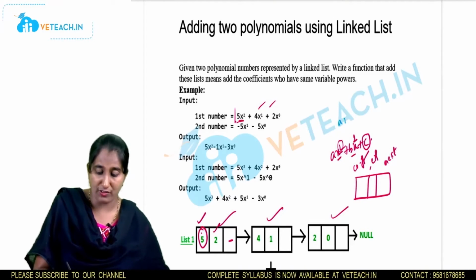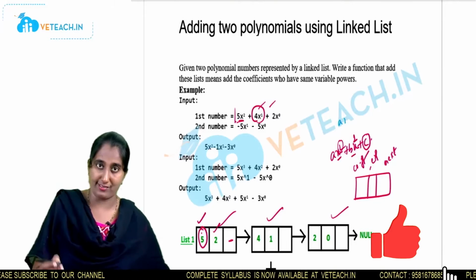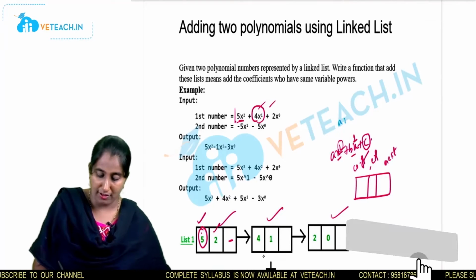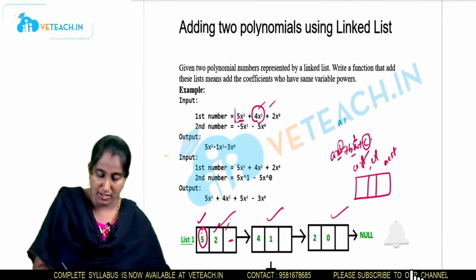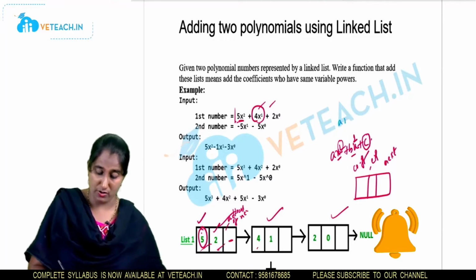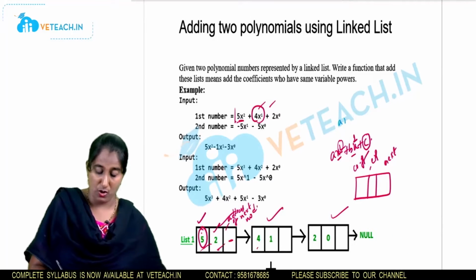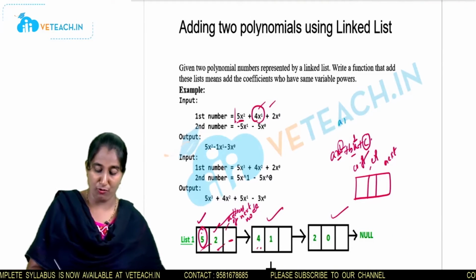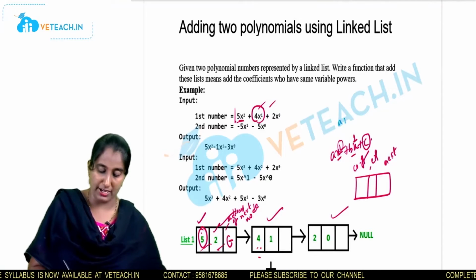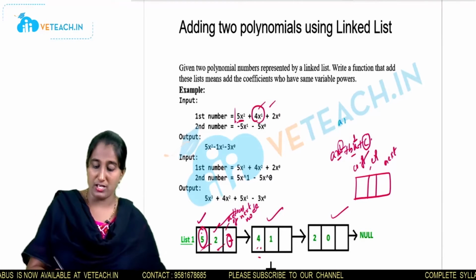This is the next node. Who is the next node of 5x square? 4x, isn't it? So the address of the next node, which is 4x, will be carried here.